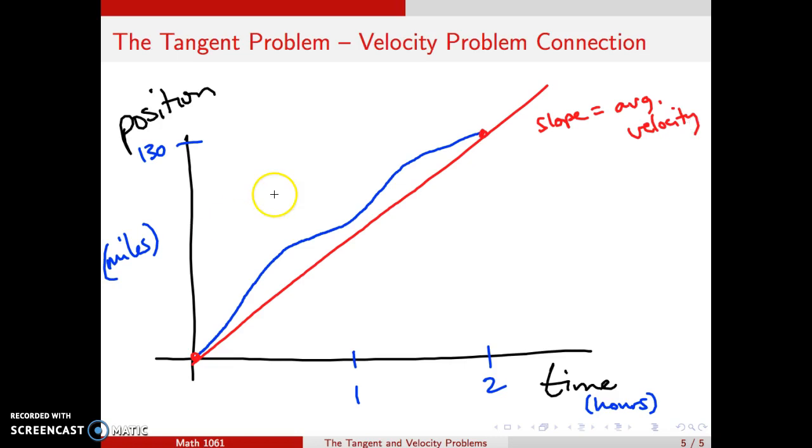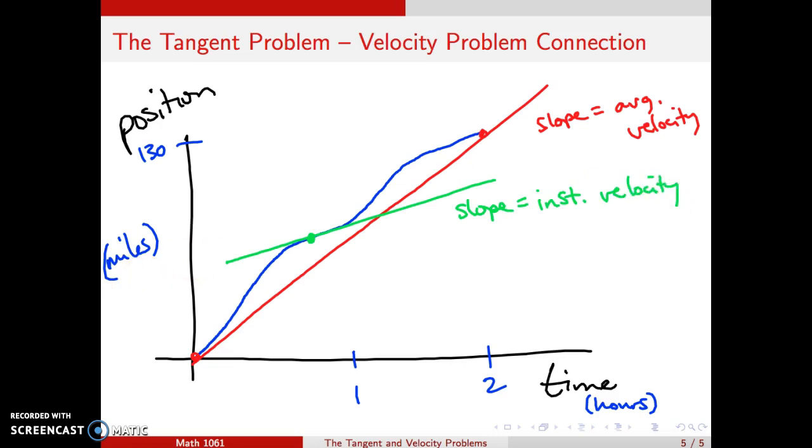But maybe I want to know what's happening at this particular time. Think about that tangent line there. That slope would be my instantaneous velocity at that time.